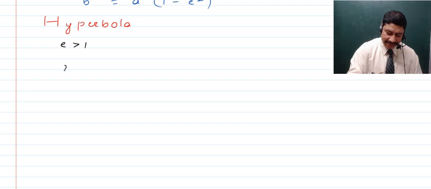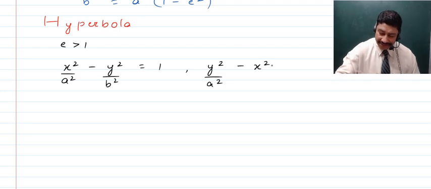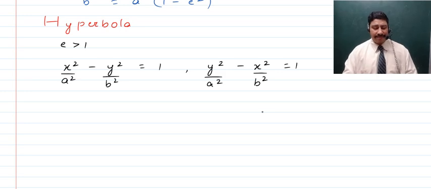It is x square upon a square minus y square upon b square is equal to 1, right? This is one of the equations, and the other equation is y square upon a square minus x square upon b square is equal to 1, right? So this is how we have the equation of the standard hyperbolas.